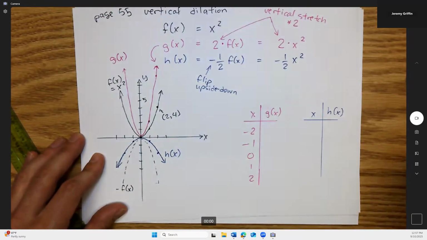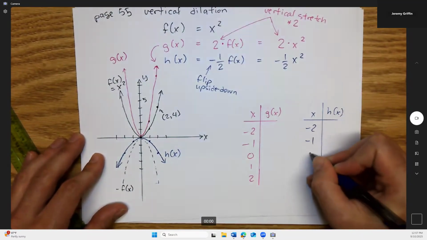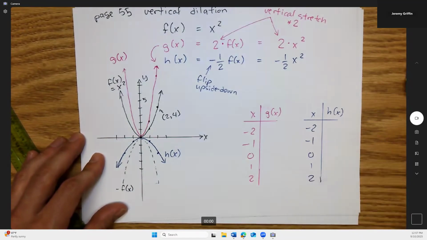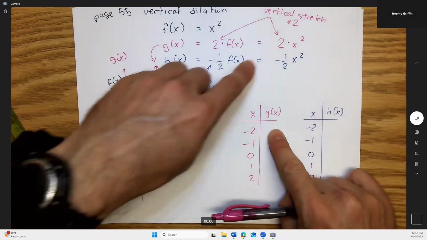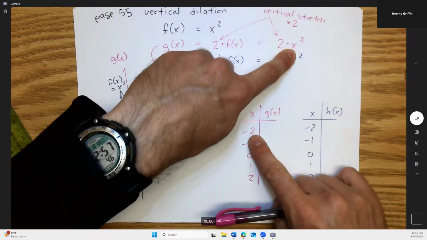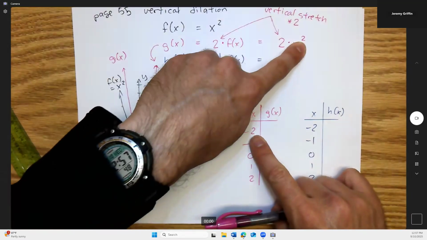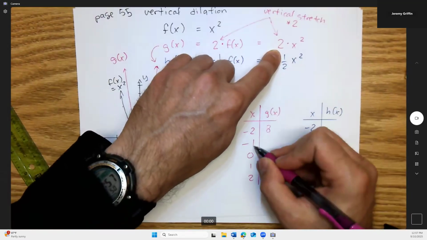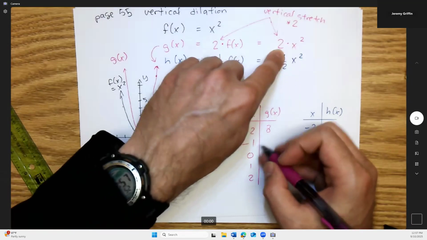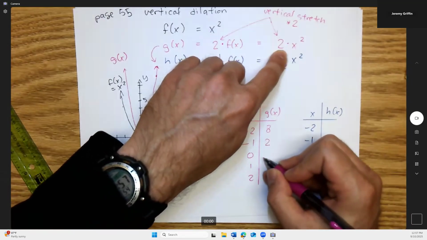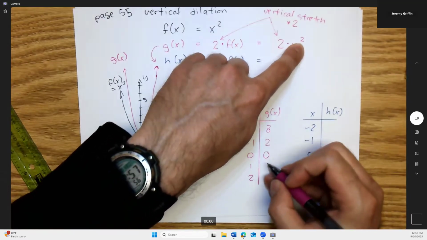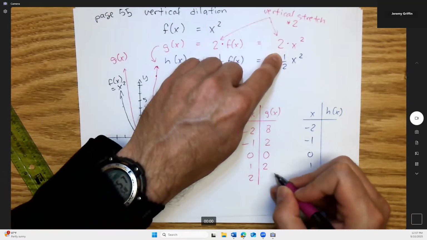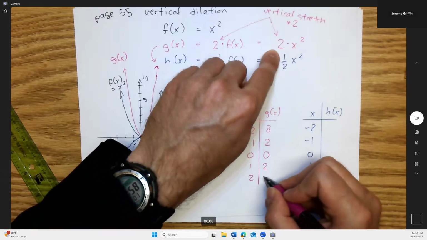And the same thing over here, -2, -1, 0, 1, 2. All right, so g of x. If I plug in -2 and square that, that would give me +4 times 2 is 8. If I plug in -1, square that, that's 1 times 2 is 2. 0 squared, that whole thing zeroes out. 1 squared is 1 times 2 is 2. And 2 squared is 4 times 2 is 8.